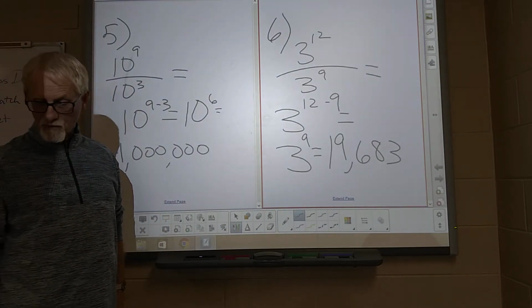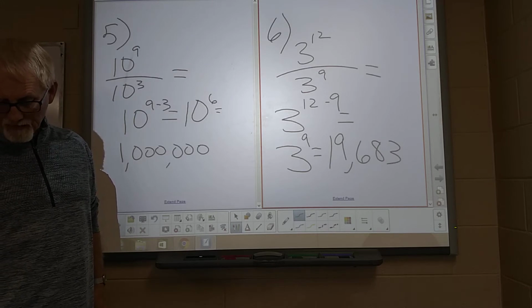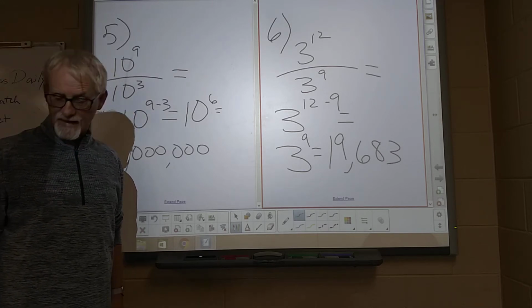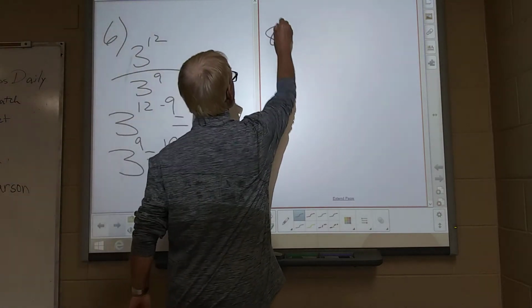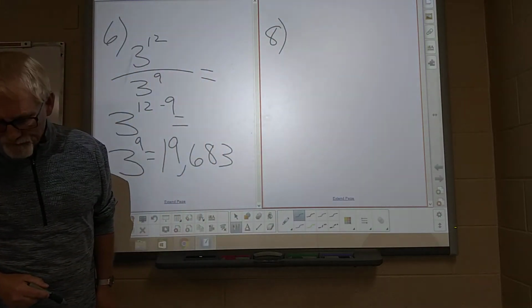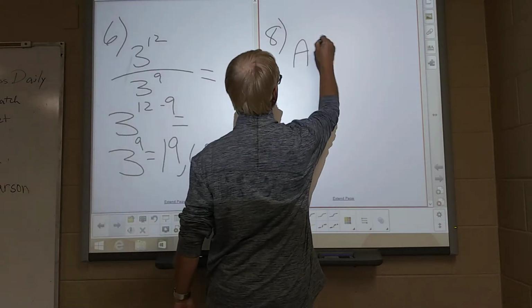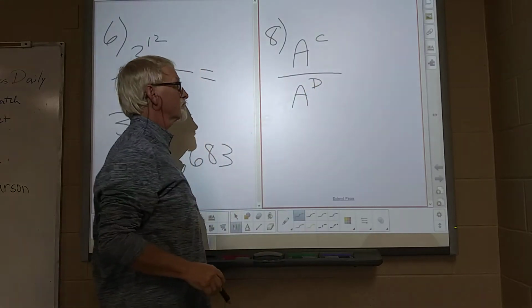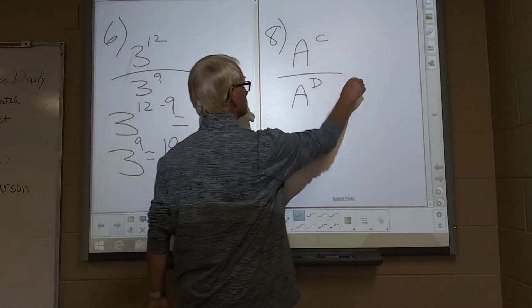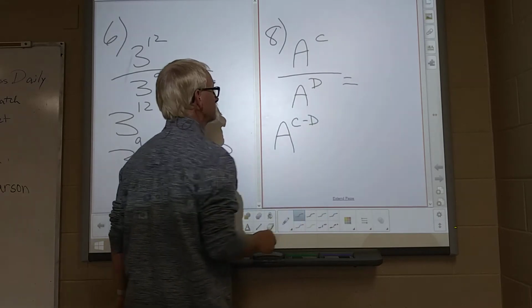All right, skip down to number 8. It says use the quotient of powers property to simplify each quotient. Assume that the conditions of the property are satisfied. Number 8 says a to the c divided by a to the d. We don't have any values for a, so you simply express it as a to the c minus d.